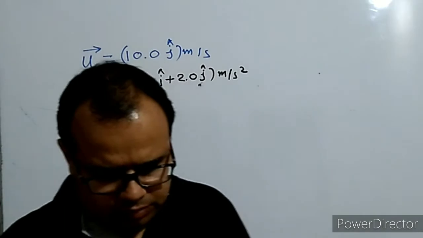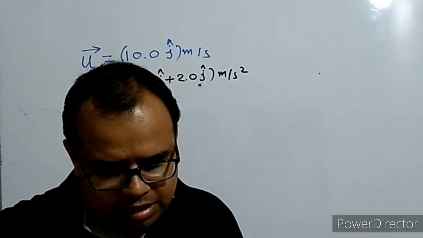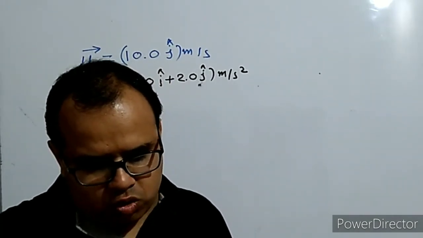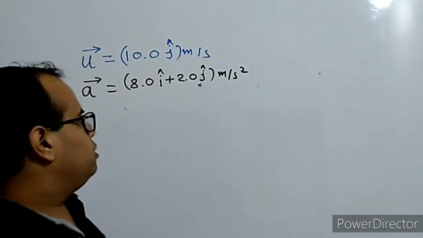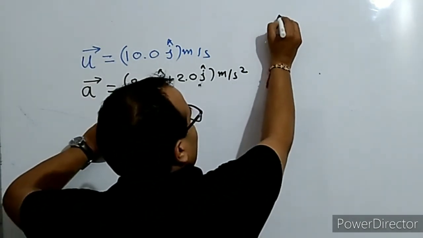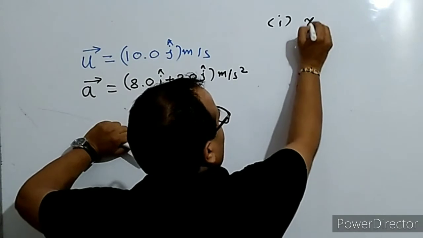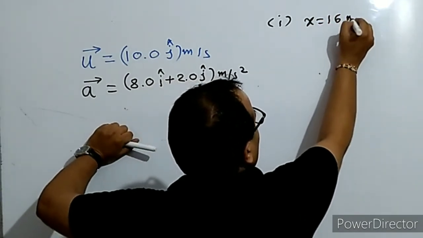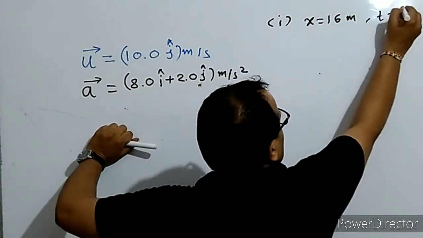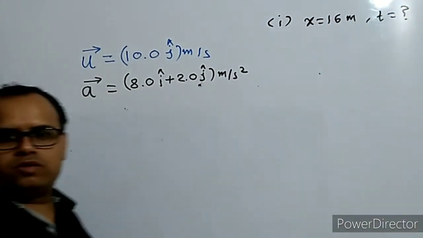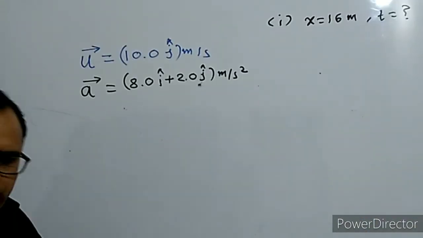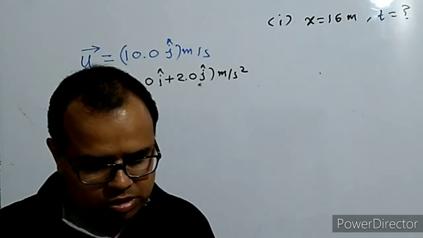Okay, the first part is: at what time is the x coordinate of the particle 16 meter? So when the x coordinate is 16 meter, you have to find the time. This is the first part. We will first solve the first part, then we will see the second part.